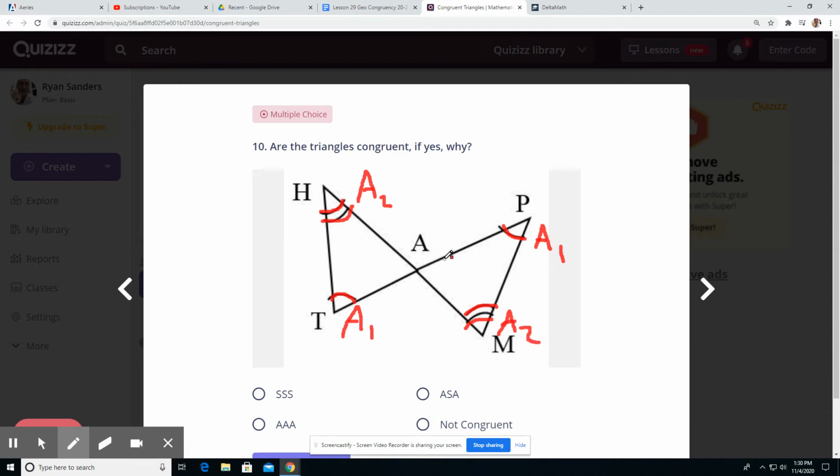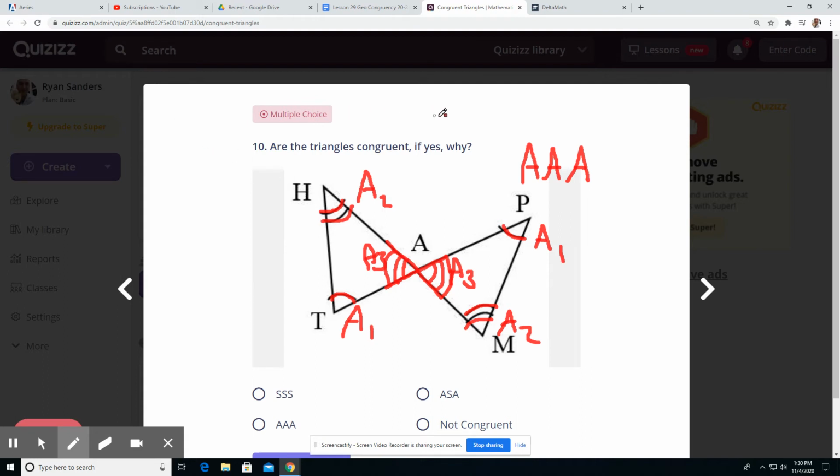Then you remember what I said about this? There's that bow tie. This is the vertical angles idea. We've already studied this. So that means that this angle right here, I'll give it 3 dashes, has to match this one. Okay? Well, that's angle 3. So is AAA one of our congruence postulates?